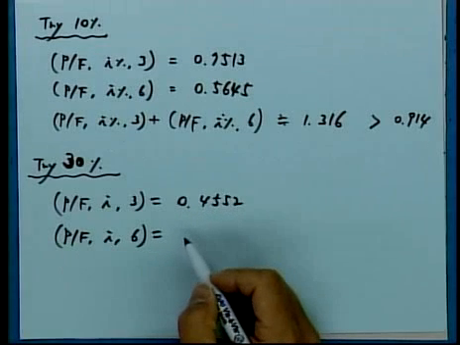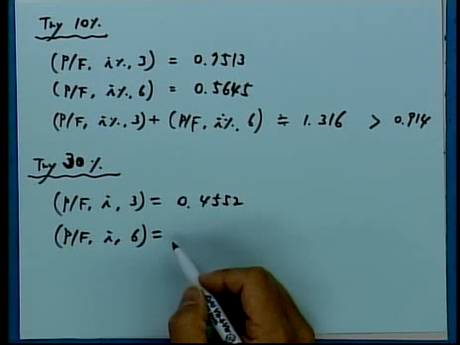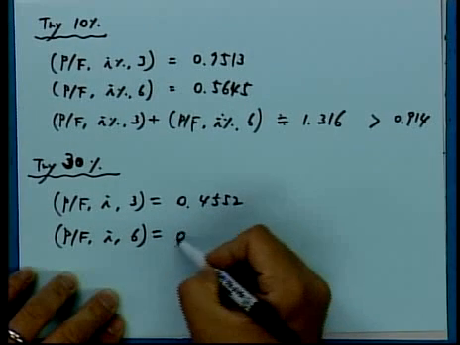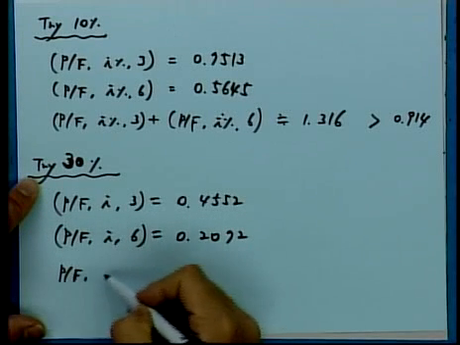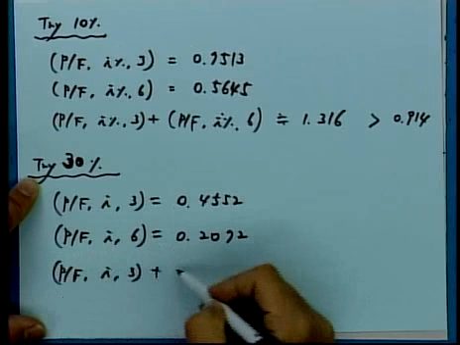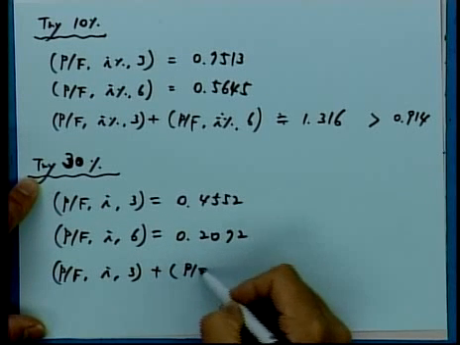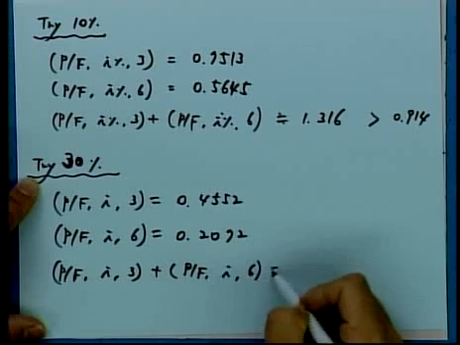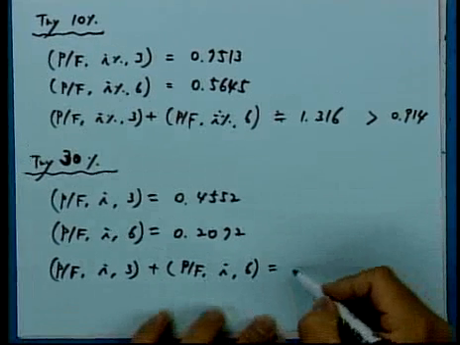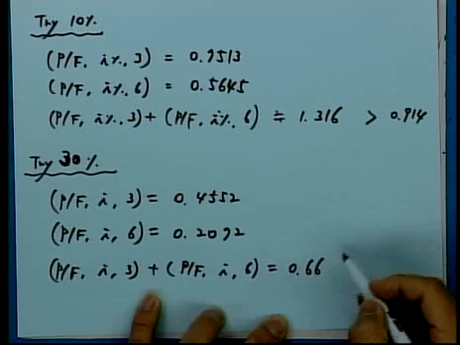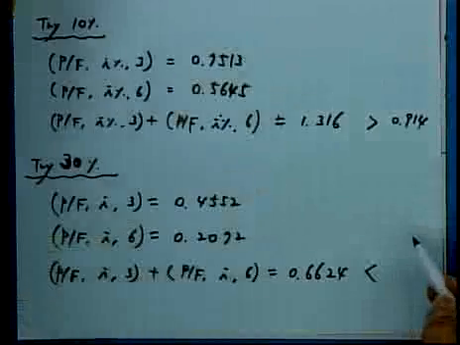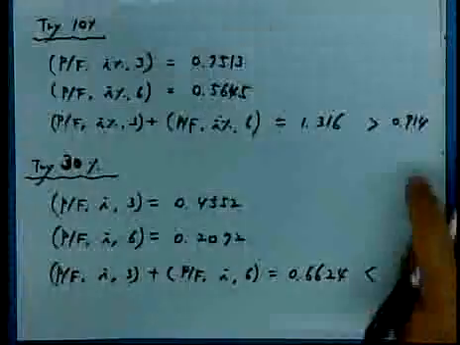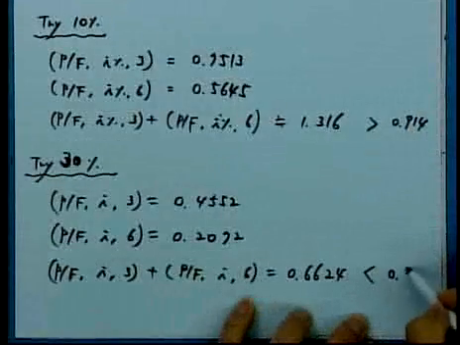If it's over 6 periods, it's 0.2072. Then if you combine these two values, how much is this? 0.6624, right? And which is smaller than this value, right here, 0.914.